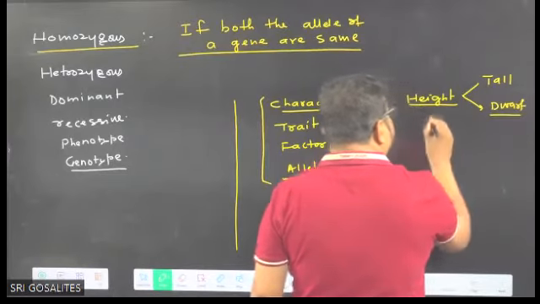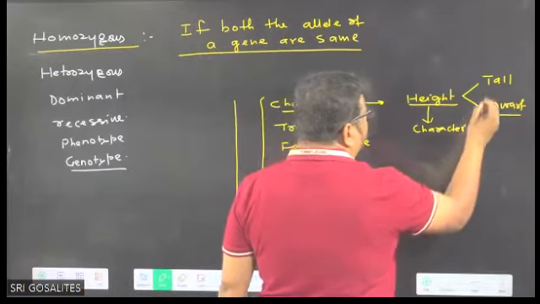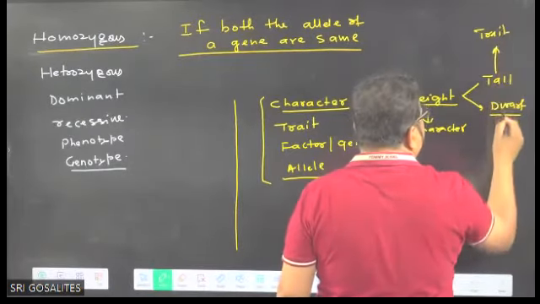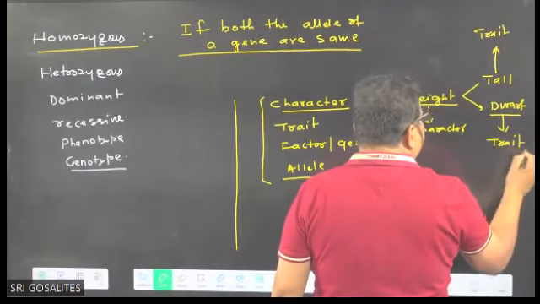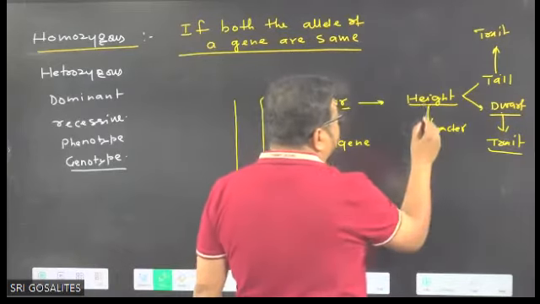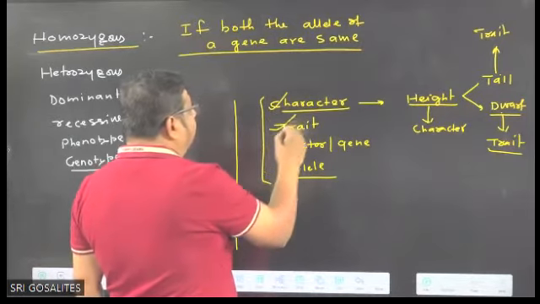So height is a character, tall is a trait, and dwarf is a different trait. These tall and dwarf are two different traits of the same character, that is height.